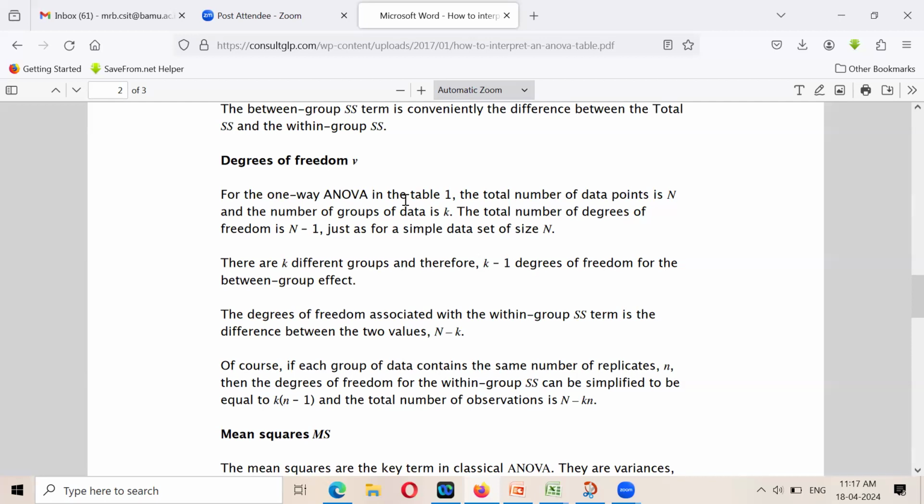In our case, 10-1 will come, and k-1 means we are having a total number of groups as 3. So 3-1 will be the degree of freedom.